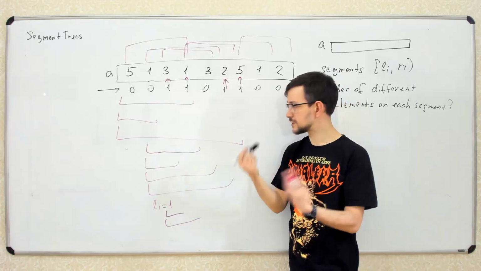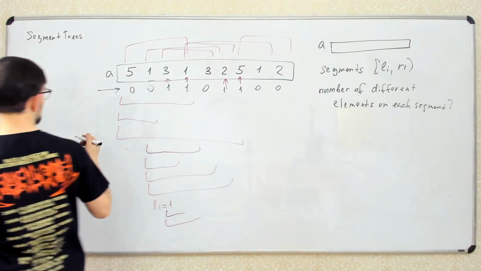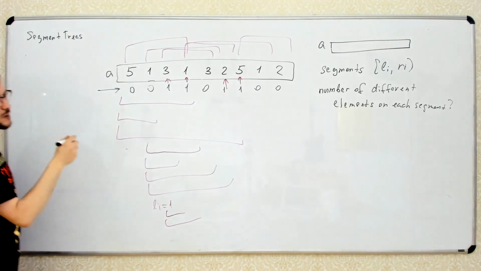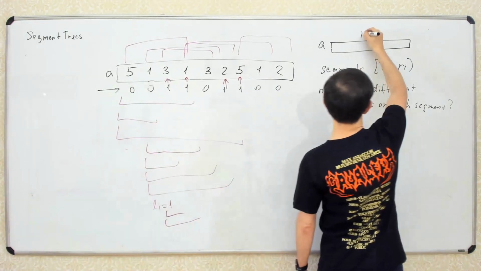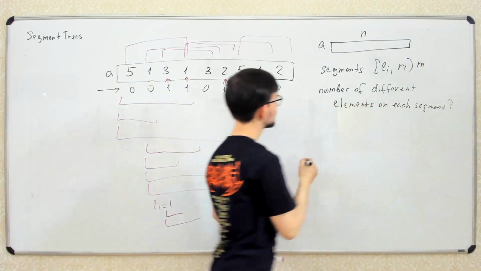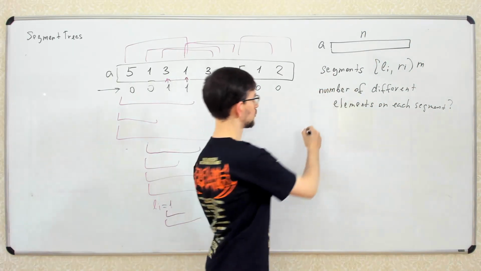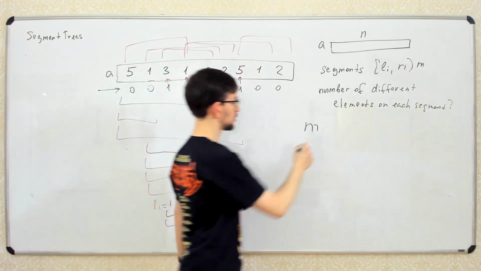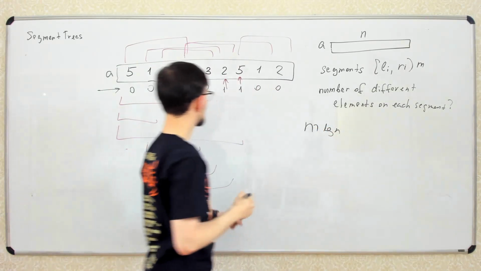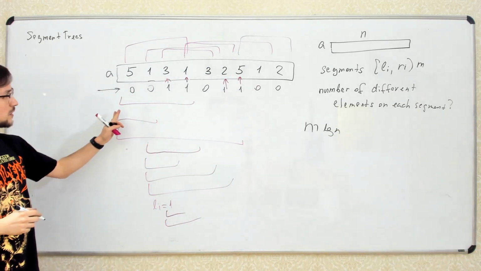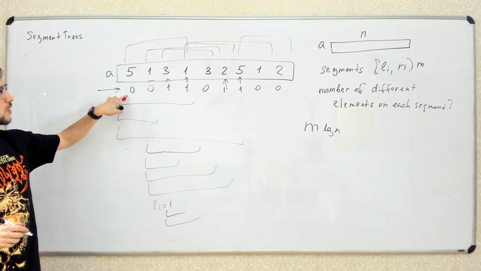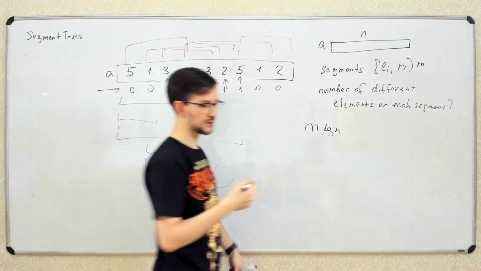So the total time complexity will be the following. Let's have n elements and m queries. For each query we need to make a request to the segment tree, so it goes to log n time. And n times we move the left border. Each time we move the left border, we need to remove something and add something, which goes to log n time.